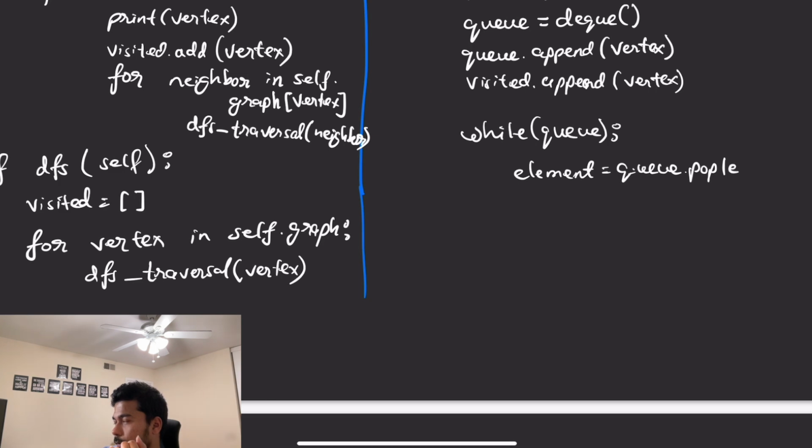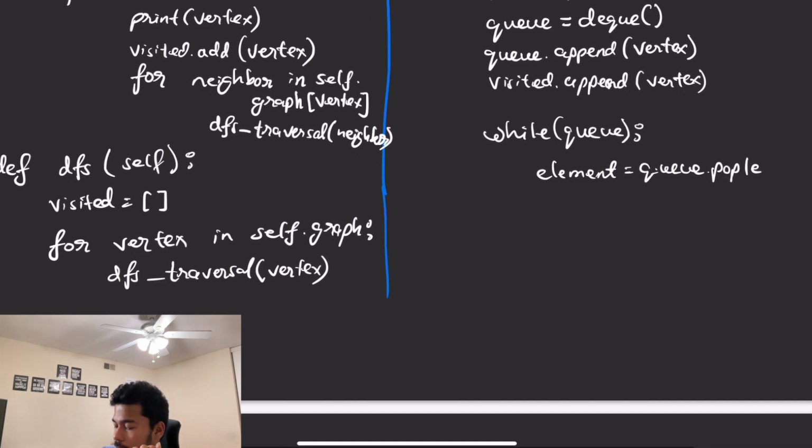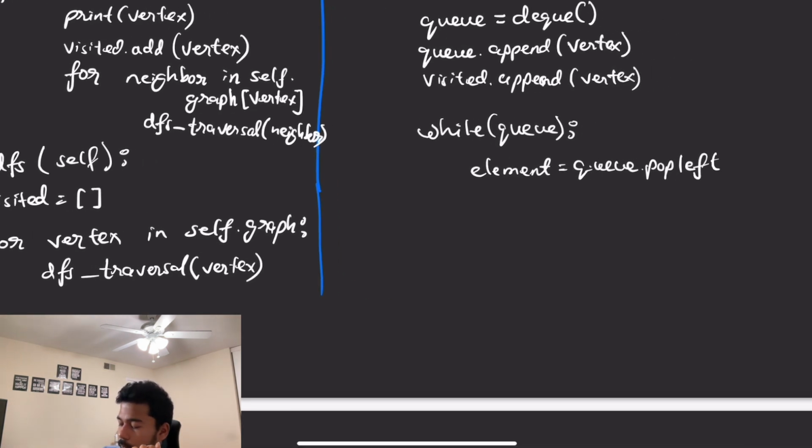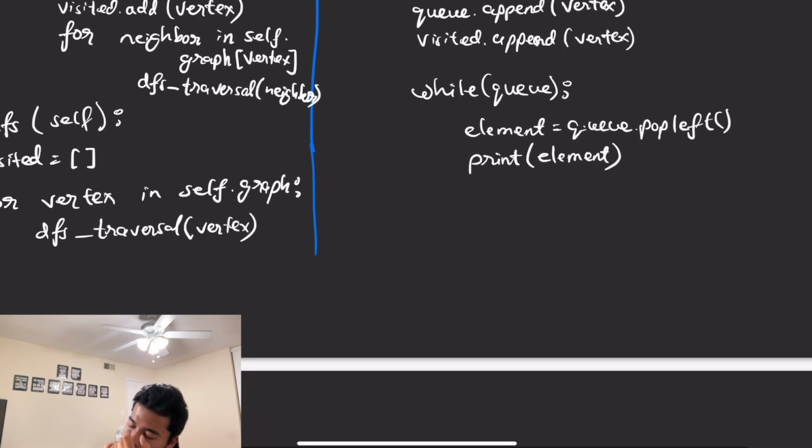It's first in, first out. And so popleft is just like the pop function. Don't be concerned with that too much, but you pop it out. And so here, once again, you would print the element because this is the basic function that just prints the thing.